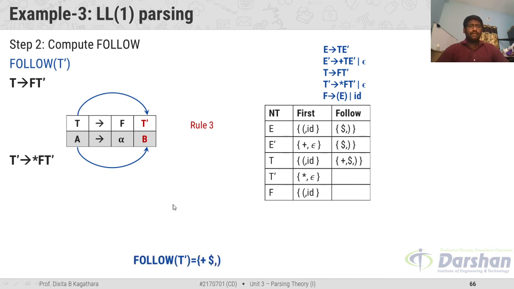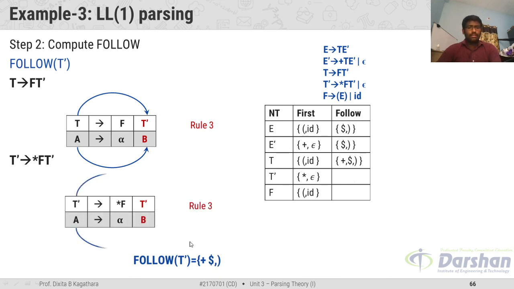Follow of T dash equals follow of T. We have already found follow of T: plus, dollar and right parenthesis. Here we are going to add star as well.